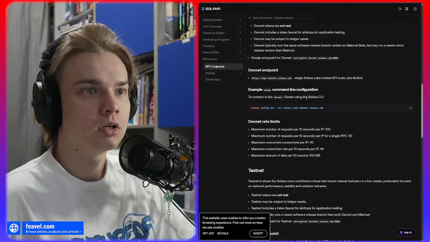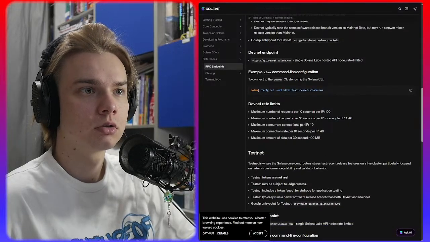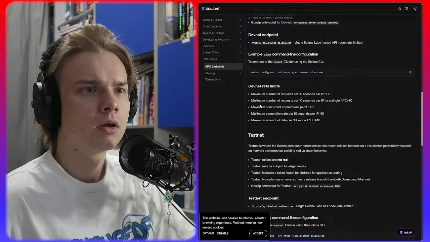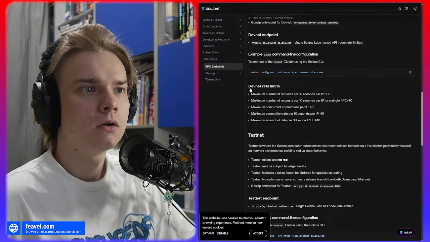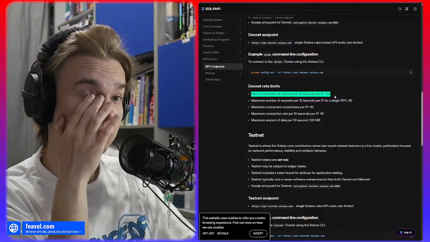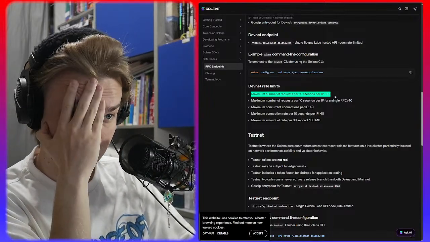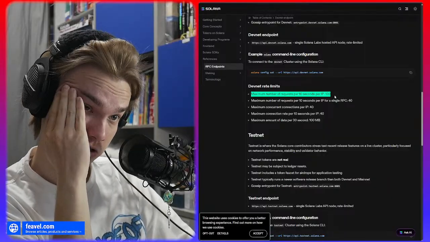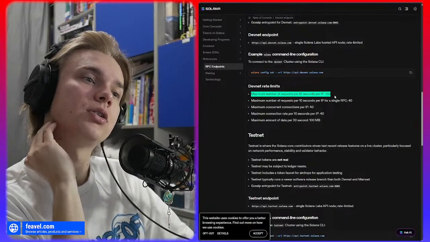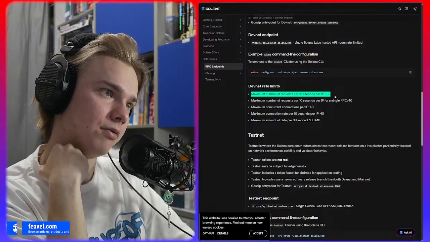To connect to the Devnet cluster using the Solana CLI. Testnet is where the Solana core contributors stress test recent releases and features on a live cluster, particularly focused on network performance, stability, and validator behavior.